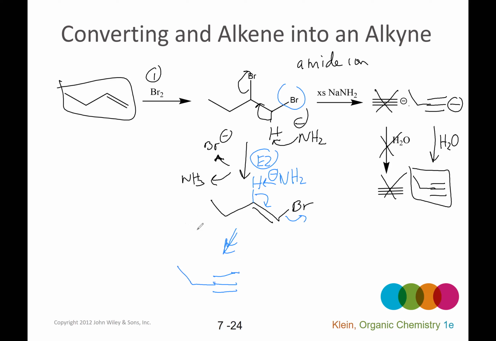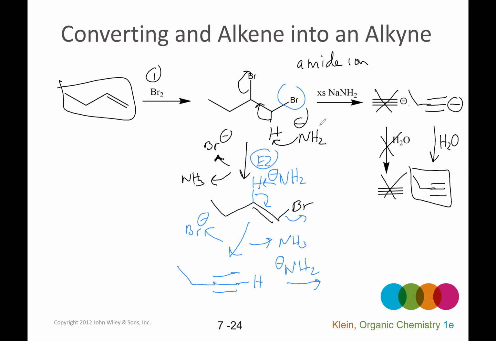Br minus gets kicked out, and NH2 minus picks up another hydrogen and becomes ammonia. Now there's a hydrogen here, 4 bonds to that carbon. So now there's a third equivalent of NH2 minus. I'll explain why that's necessary.